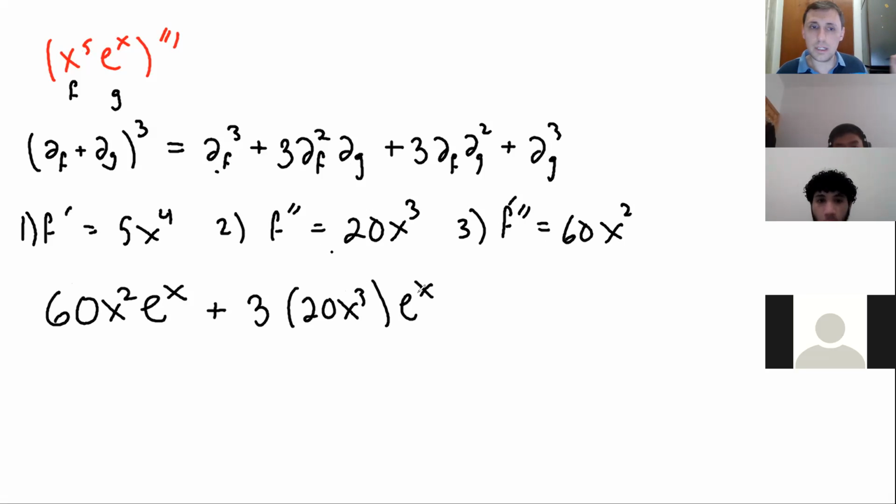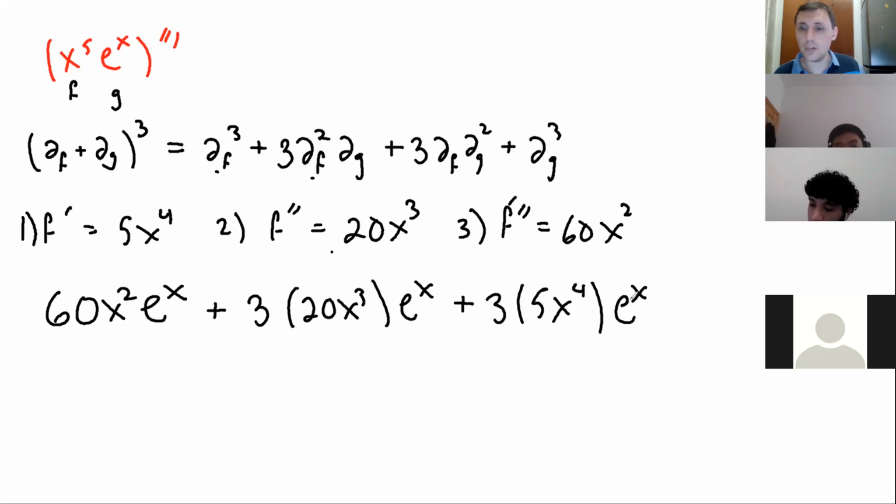You understood what I did? This is calculating this term, plus 3 times 1 derivative of f, which is 5x to the power of 4, times 2 derivatives of g of x. Fortunately for me, g of x is just e to the x, no matter how many derivatives I take, plus this thing, 3 derivatives of g, and the function f not touched, so it will be x to the power 5 e to the power of x.